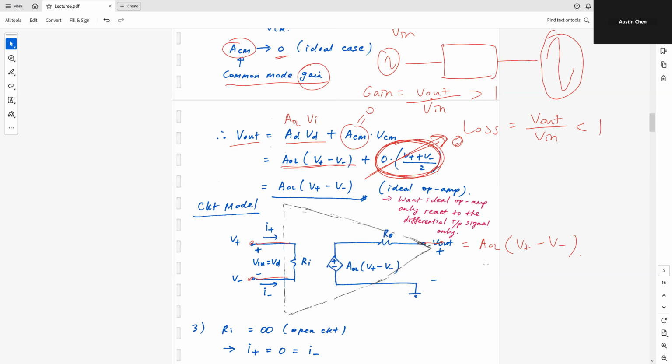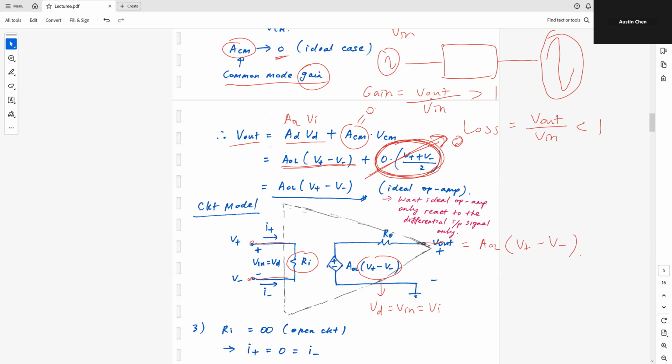In order for this to happen, I need to make sure of this Ri. Remember, V plus minus V minus is equal to VD, which is the same as V in or VI, the input voltage, differential mode voltage, and so forth. They are the same thing in our discussion.